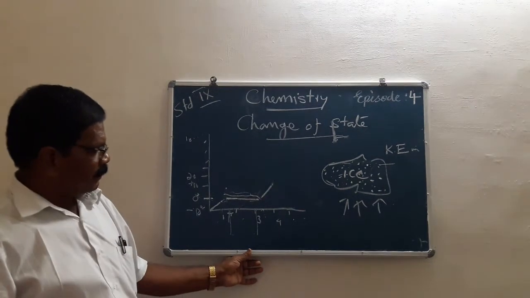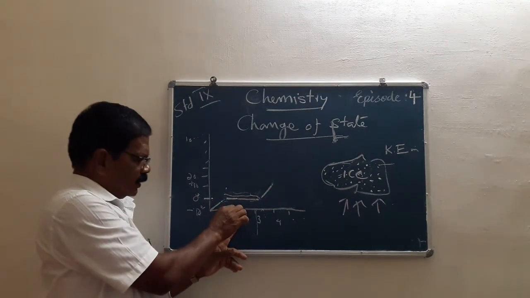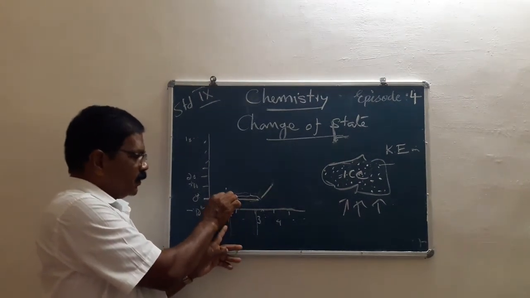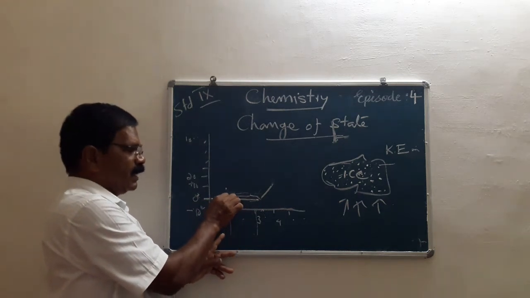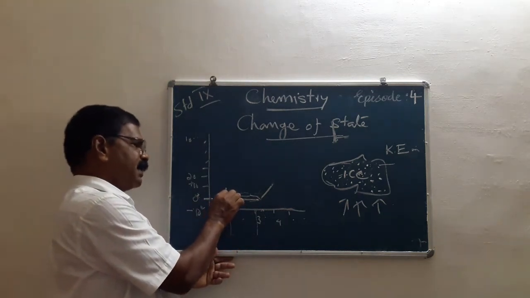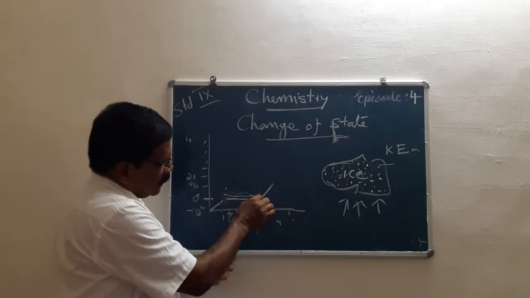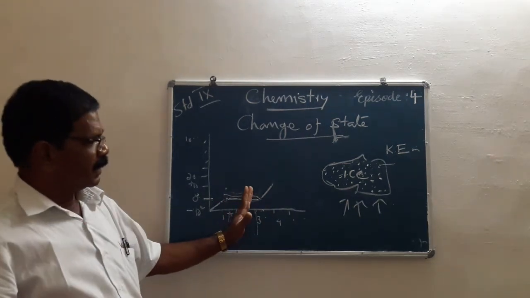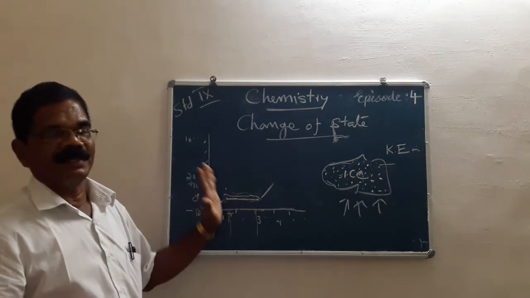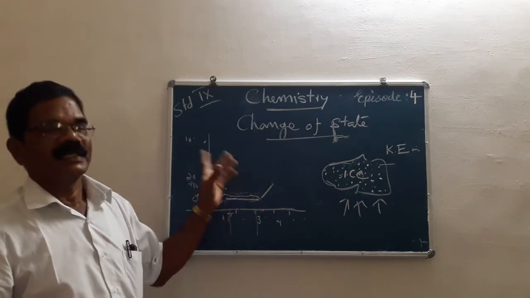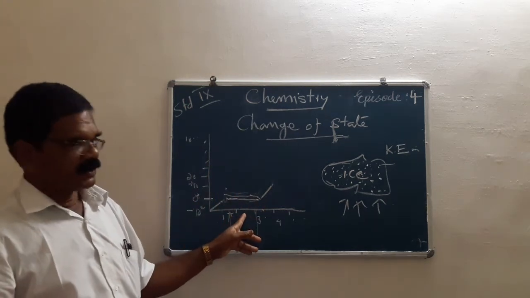We knew that there is no change in temperature from the beginning till the end, when the ice melting is completed. At that time, we are giving heat to the ice. Where does the heat go? That is the question.